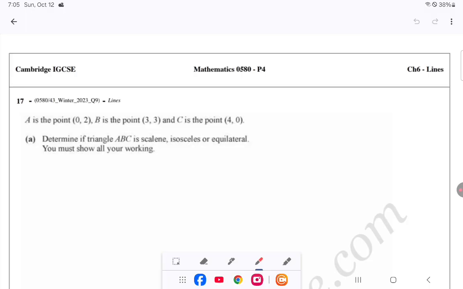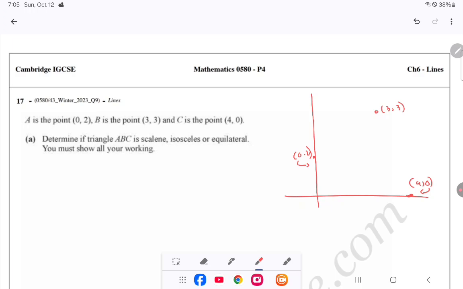In order to calculate, first we have to draw the diagram with the given points. The points are A 0, 2, B 3, 3, and C 4, 0, where the y-axis becomes 0 and where the x-axis becomes 0.